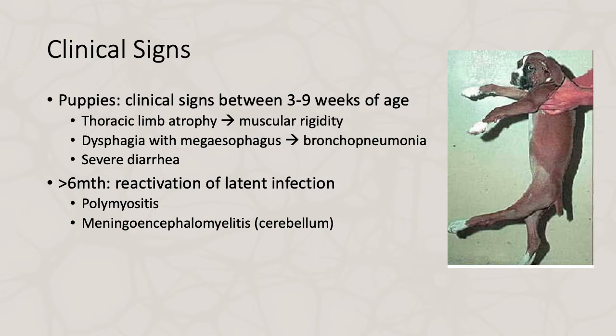It is more probable that dogs over 6 months old can develop the disease by a reactivation of a latent chronic infection. Adult dogs typically develop polymyositis or meningoencephalomyelitis with clinical signs related to multifocal lesions in the CNS, mainly in the cerebellum.